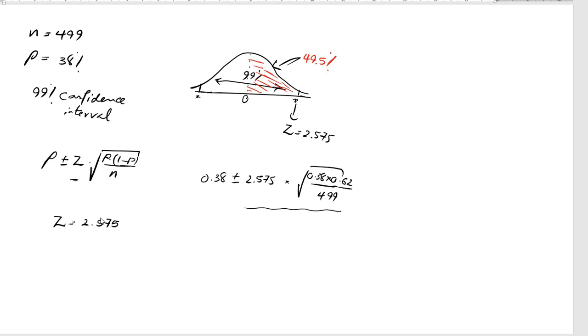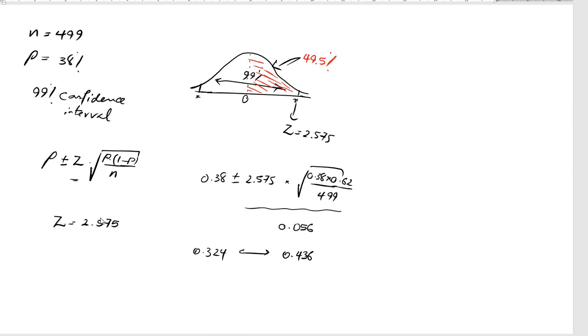If you calculate this part, it should be 0.056, and adding 0.056 to 0.38 would give you the upper limit of 0.436, and lower limit of, basically when you deduct 0.056 from 0.38, 0.324.